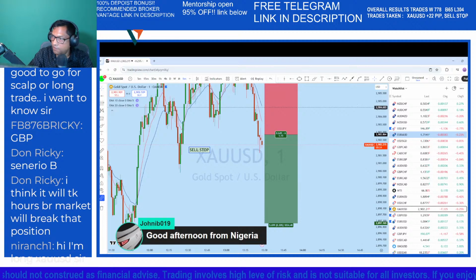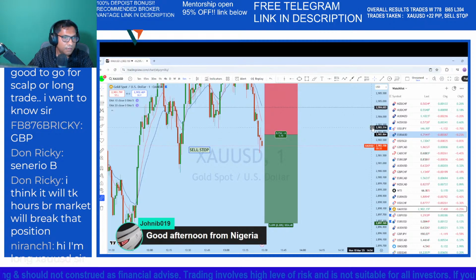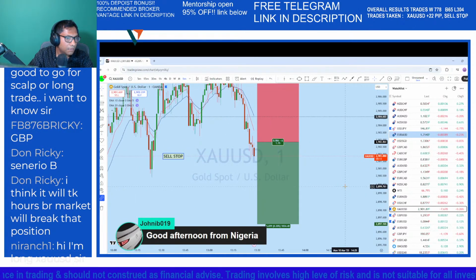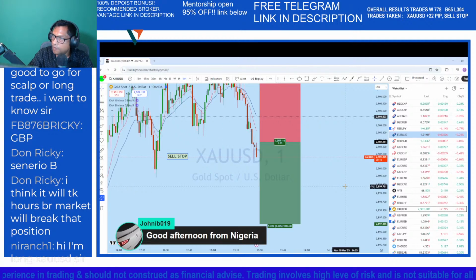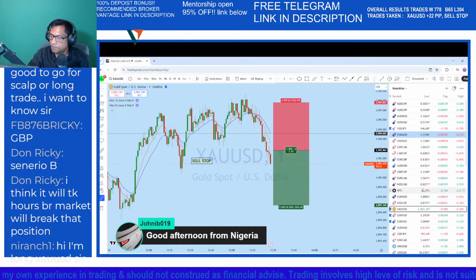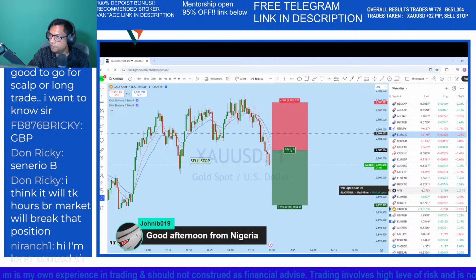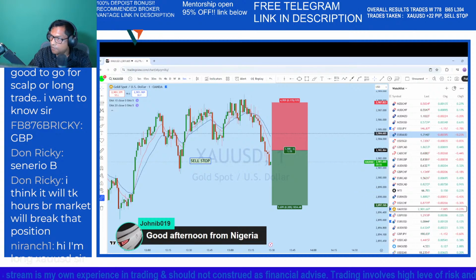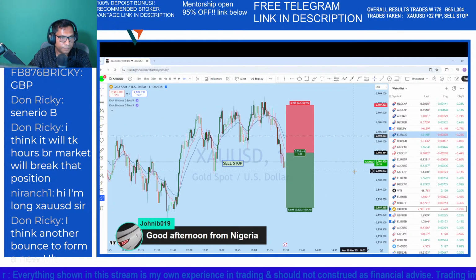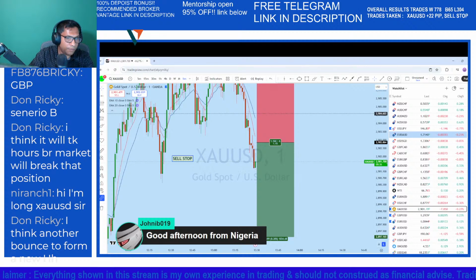If we see enough drop, we might be able to close in the middle. Possibility of drop is higher.